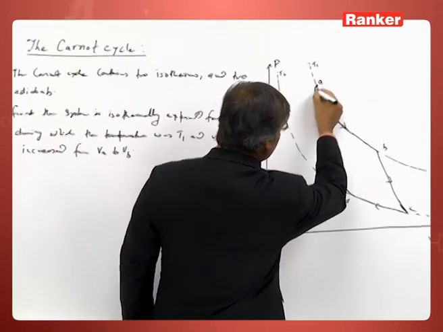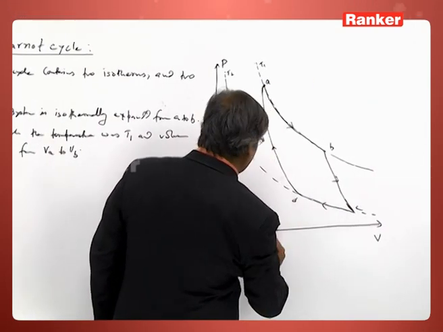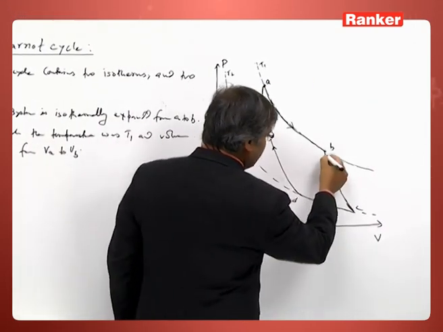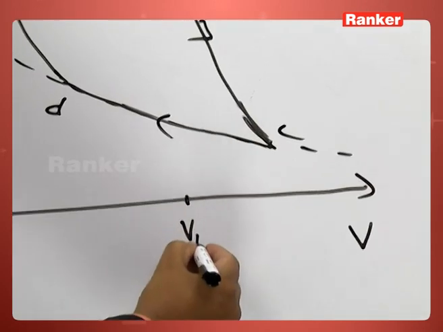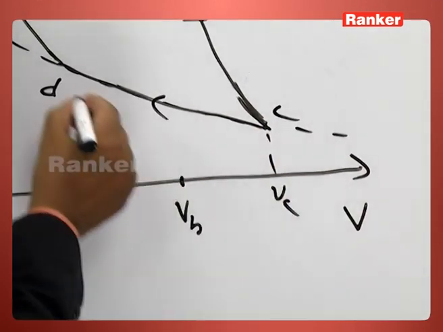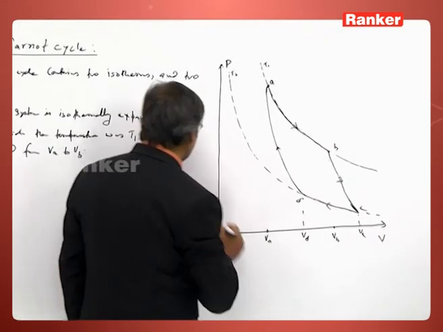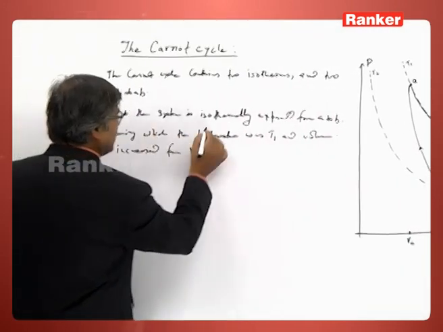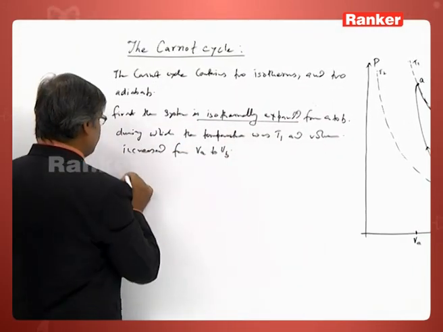Here you can see the volume is VA and here it is VB. Here it is VC and here it is VD. So this is the first process, the isothermal expansion.